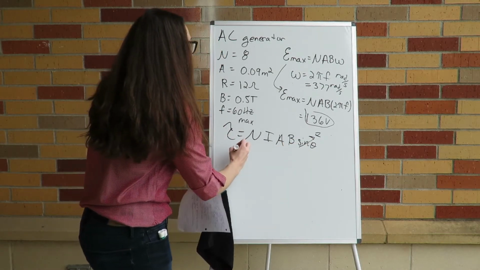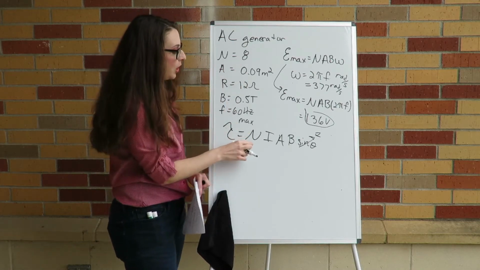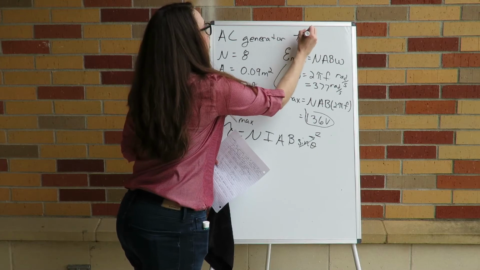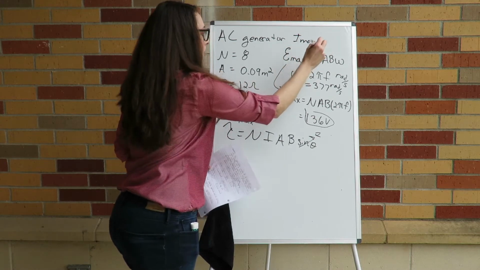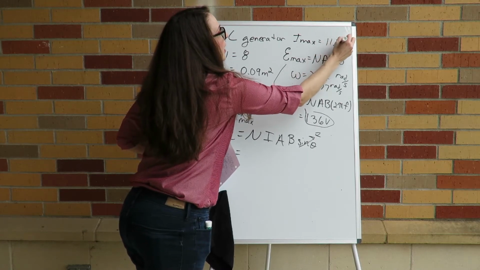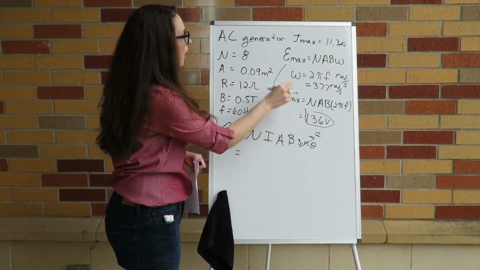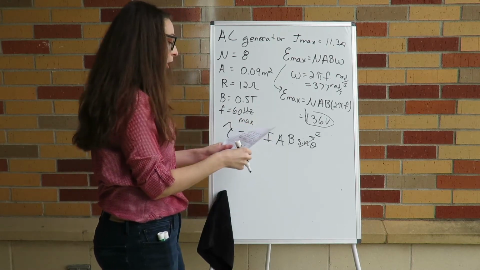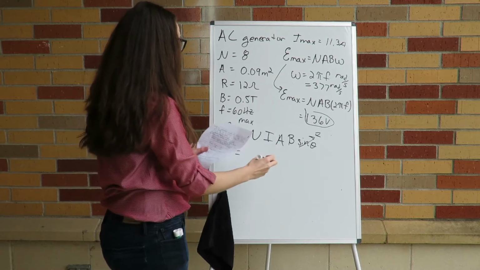So the maximum torque required will just be our number of turns times the current that we induced. Maximum current was 11.3 amperes, times our magnetic field of 0.5 Tesla.